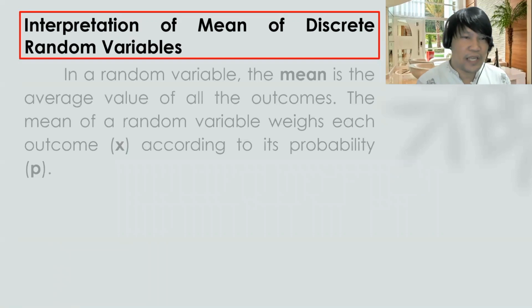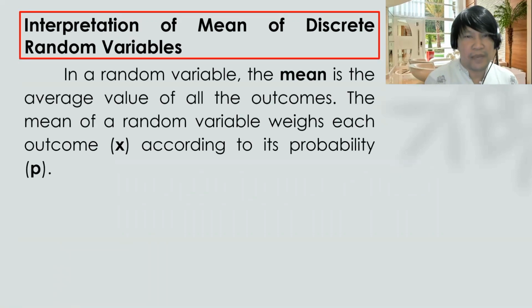Now, when we talk about interpretation of mean of discrete random variables, in a random variable, the mean is the average value of all the outcomes. I repeat, the mean or the expected value is the average value of all the outcomes. Okay?